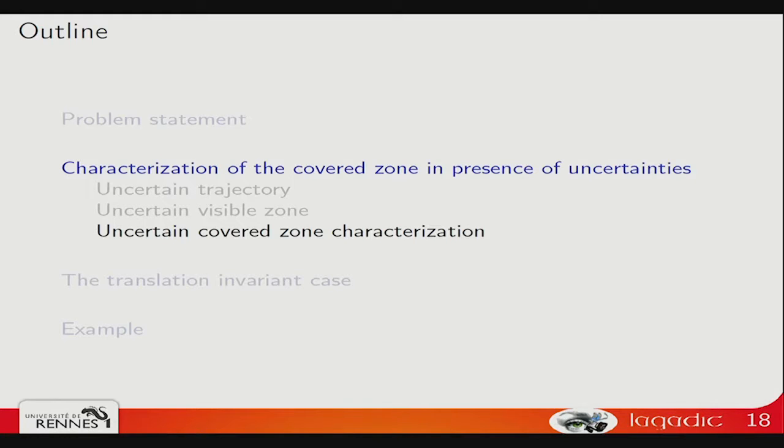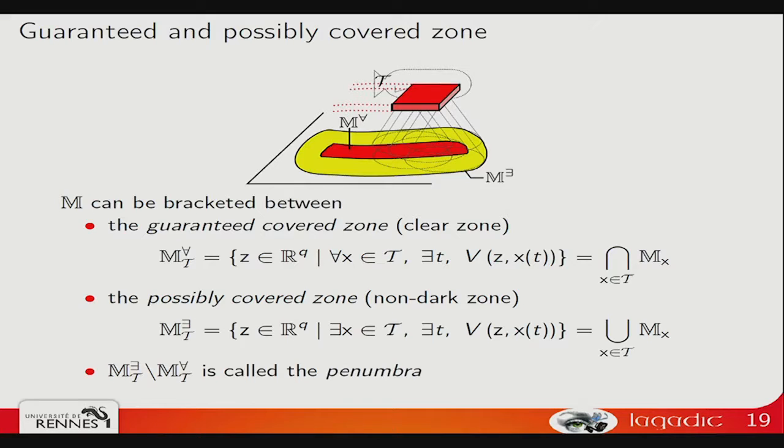If we go to the next level, which is what has been seen during the mission, not at a given time, we will now talk about the guaranteed and the possibly covered zone. Even more clever names because it's a bit long. We can bracket the covered zone between two sets.